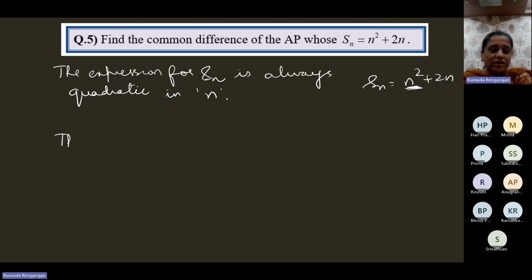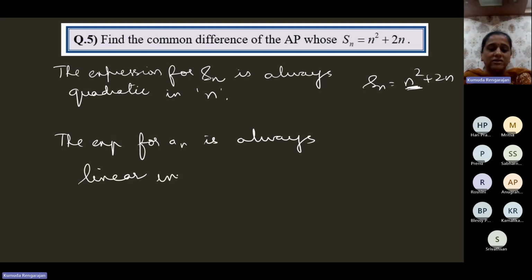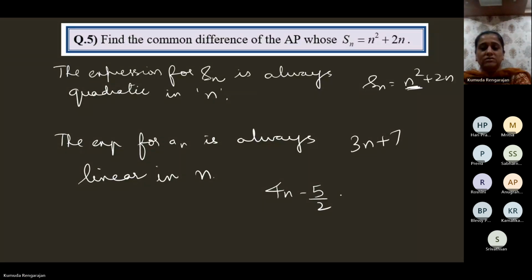But the expression for an is always linear in n. Maybe like 3n plus 7, 4n minus something. It can be like this also. It will be linear in n.